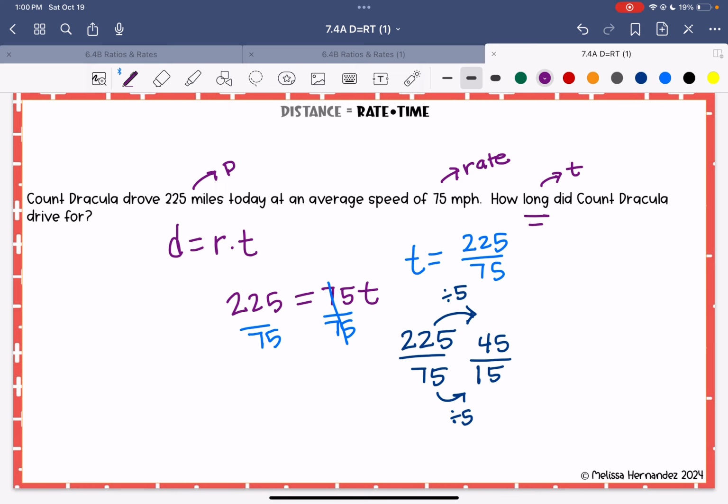I know that I can scale down again and divide both by 5, and it becomes 9 over 3. Which is really nice because now we know 9 divided by 3 will simplify to just 3. So my time would be 3.